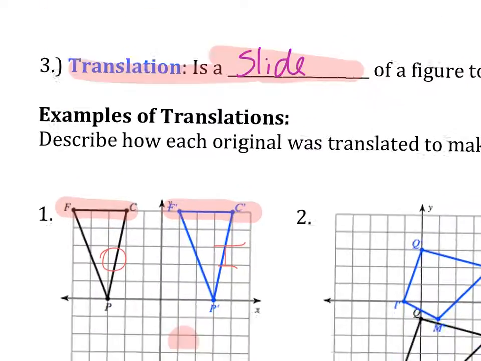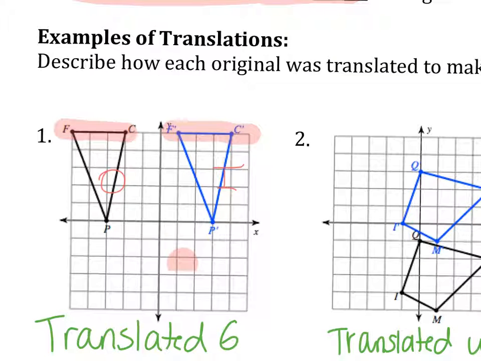So back down here to the translations. And also, P was on the bottom, P is still on the bottom, so that's why it's not a rotation.